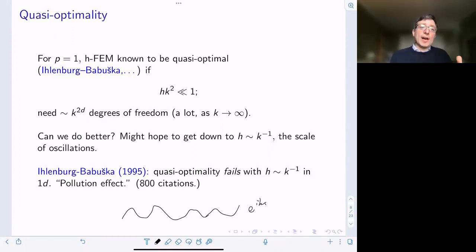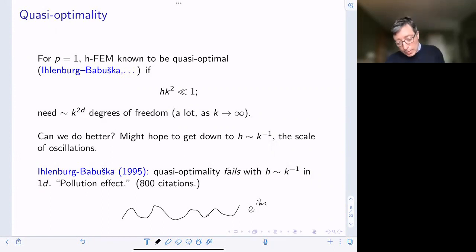So if my mesh size is sufficiently small compared to 1 over k, you should be able to distinguish those oscillations. You could make a perfectly reasonable approximation to a plane wave like this by using a mesh size that was small on the scale of 1 over k. So you might hope that h times k small would suffice, that h really needs to be like 1 over k. And that's famously wrong.